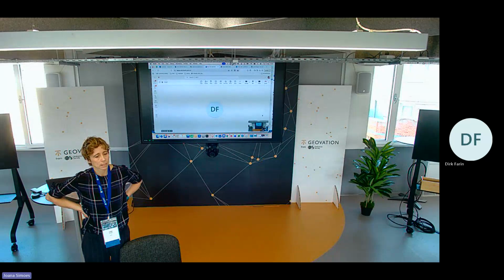Coordinate reference system, CRS, is the key topic that we'd like to explore. So we've been exploring how we could represent coordinate reference systems in glTF, as we baseline 3D Tiles into that. So that's one area.